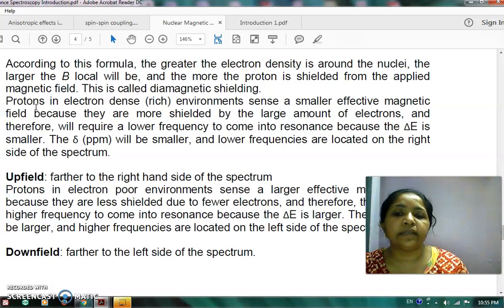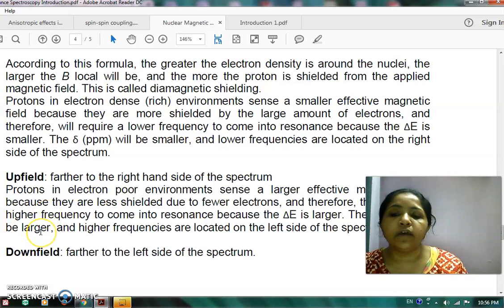So when it is in an electron dense environment, it is much shielded, and a large amount of electrons are covering it, shielding it, and therefore it will require low frequency to resonate the nucleus, or to flip the nucleus from upspin to downspin. So therefore the delta is on the smaller side. This is called upfield. Upfield means farther towards the right hand side of the spectrum.